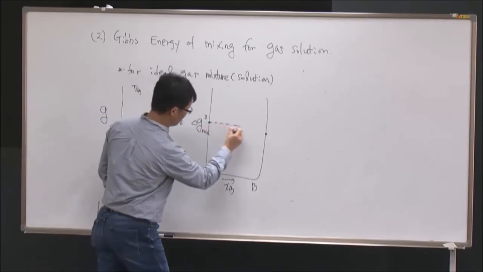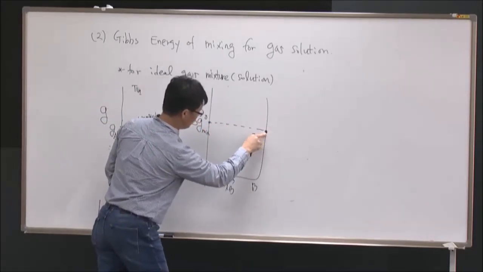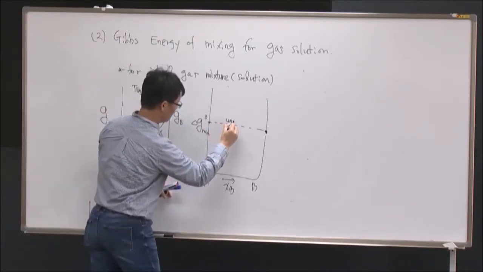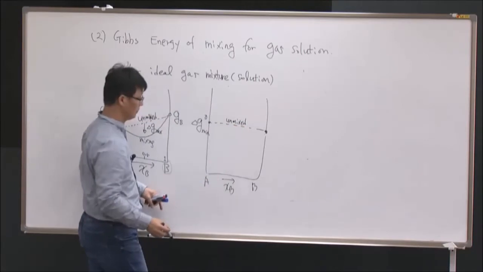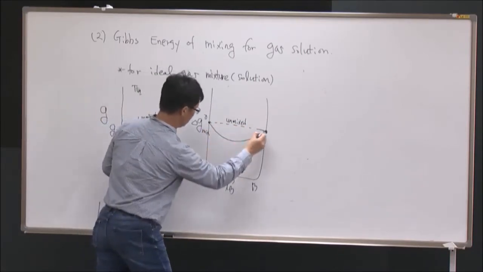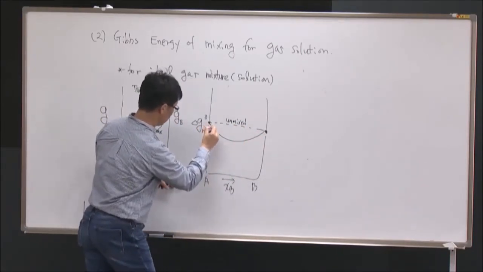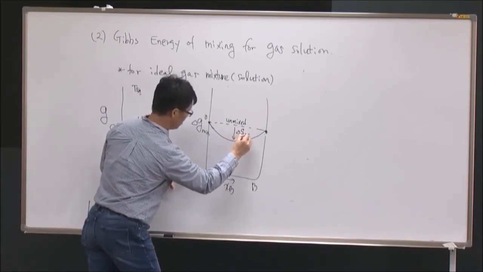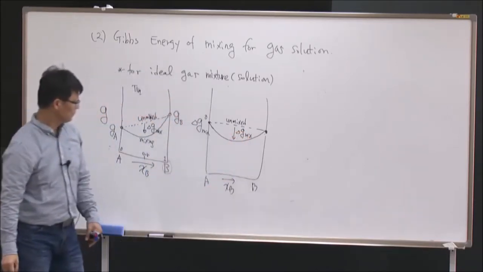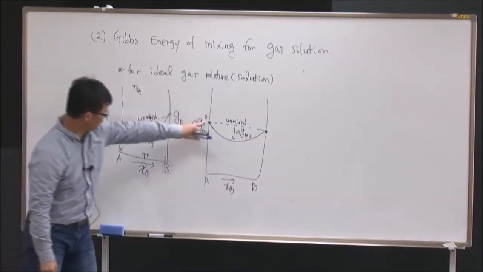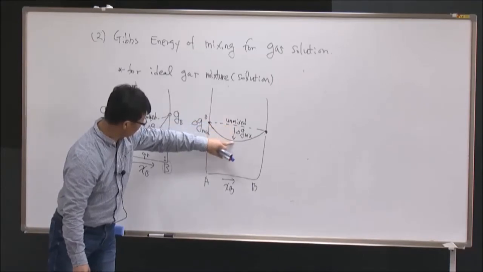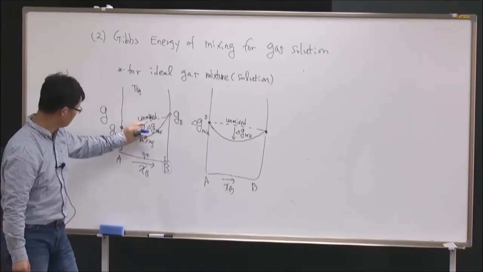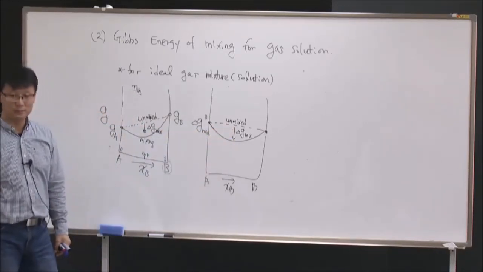And then when you have the ideal mixture, before mixing it's the unmixed state, and when you have mixing, we have a negative term. So this one is delta G of mixing. Whatever this value is, this is delta G of mixing, exactly the same value.